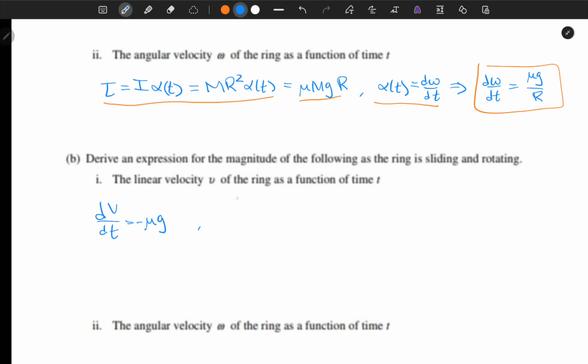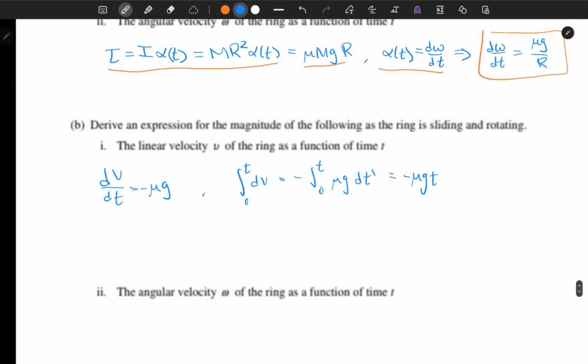Well, we note that integrating both sides of this differential equation, we get an integral from 0 to t of dv, and this should be equal to negative the integral from 0 to t of mu g dt prime. And this easily is seen to be equal to minus mu g t.